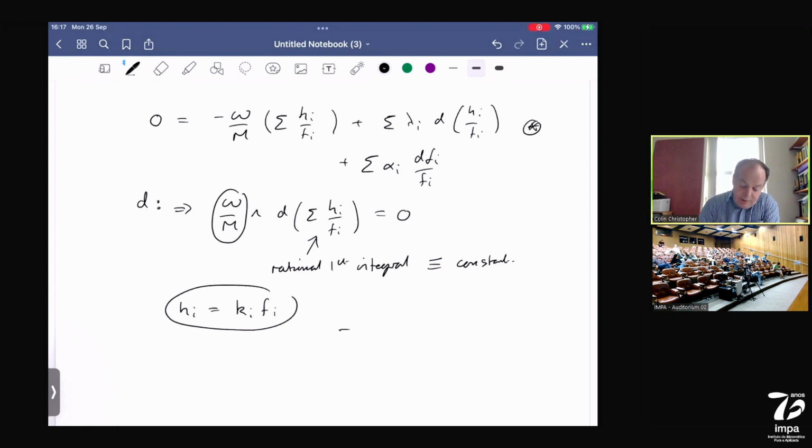We actually find that minus omega over m, sum of the k_i's, plus the sum of alpha_i df_i over f_i needs to be equal to 0, and that implies that for all r, alpha_r is equal to lambda_r times the sum of k_i's.